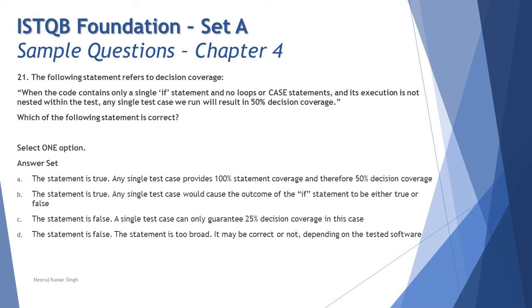So if it is a single if, that means there are no other ifs inside this, and at the same time they're also saying no loops or case statements. That means the possibilities of doing something else are not at all there, and its execution is not nested. So any single test case which you run will result in 50% coverage.